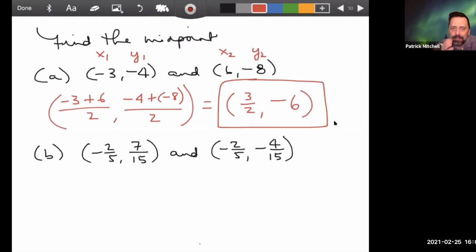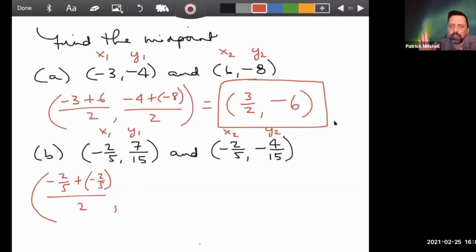All right, and finally, very last example, same problem. Find the midpoint, x1, y1, x2, y2. The average in the x's would be negative 2/5 plus negative 2/5 divided by 2.